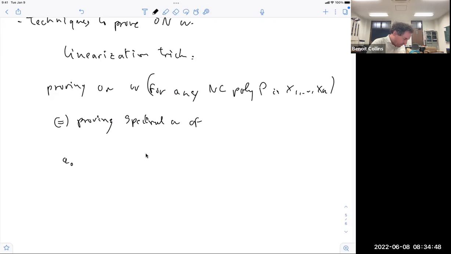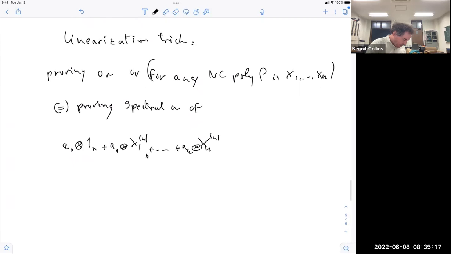A0 tensor 1 plus A1 tensor x1^n plus ... plus AK tensor xk^n towards the spectrum of the same at the limit: A0 tensor 1 plus A1 tensor x1 plus ... plus AK tensor xk.